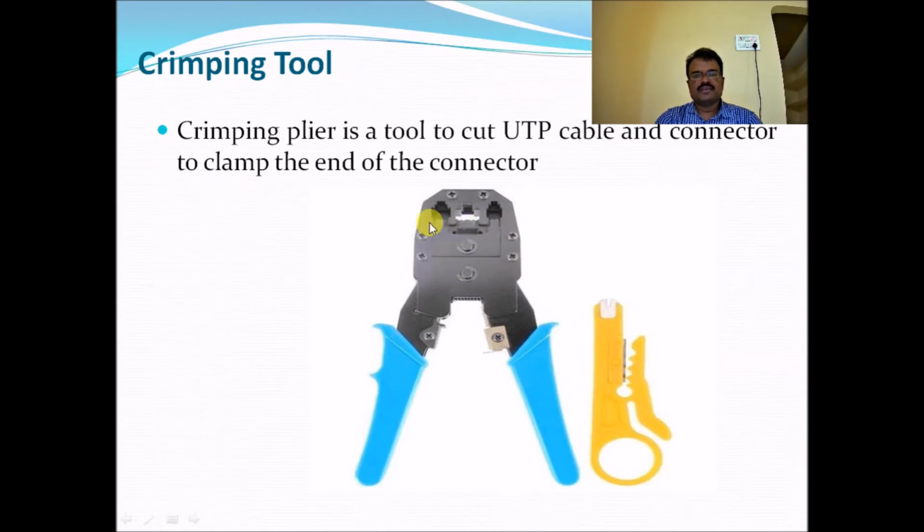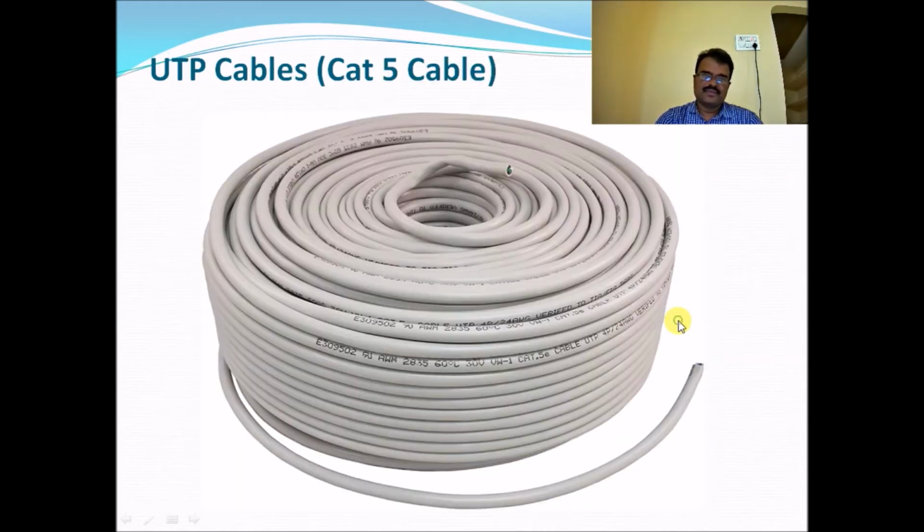So this is called the crimping tool. This is also called a plier. A crimping plier is a tool to cut UTP cable and to clamp the connector onto the end of the cable. So it is used to cut the UTP cable as per requirement, and also to clamp the connector at the end. And this one is the typical UTP cable.